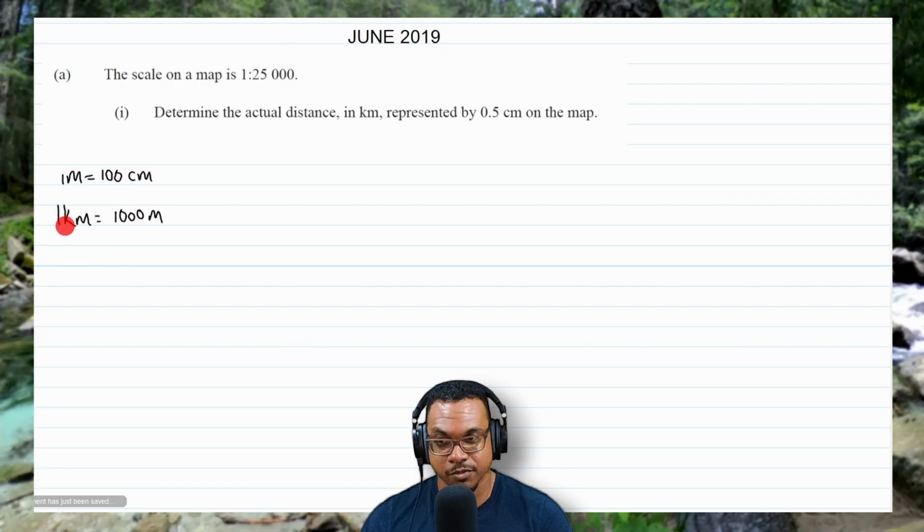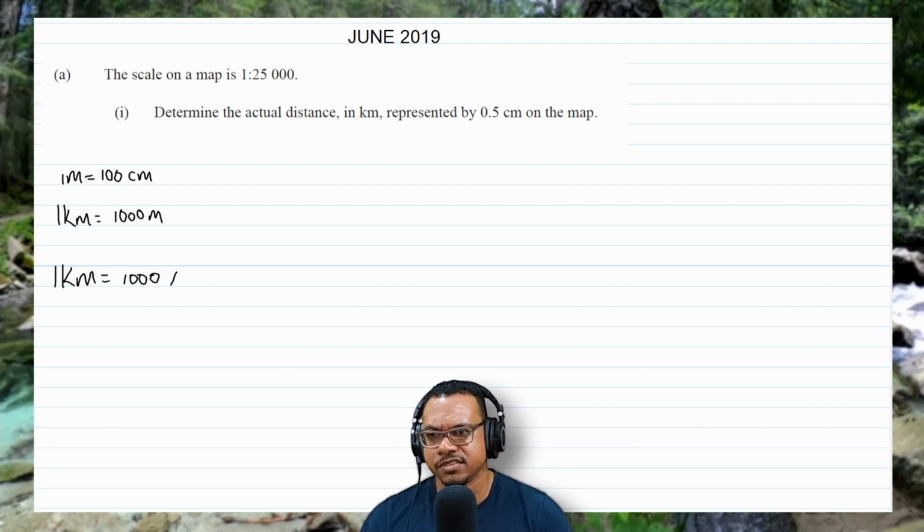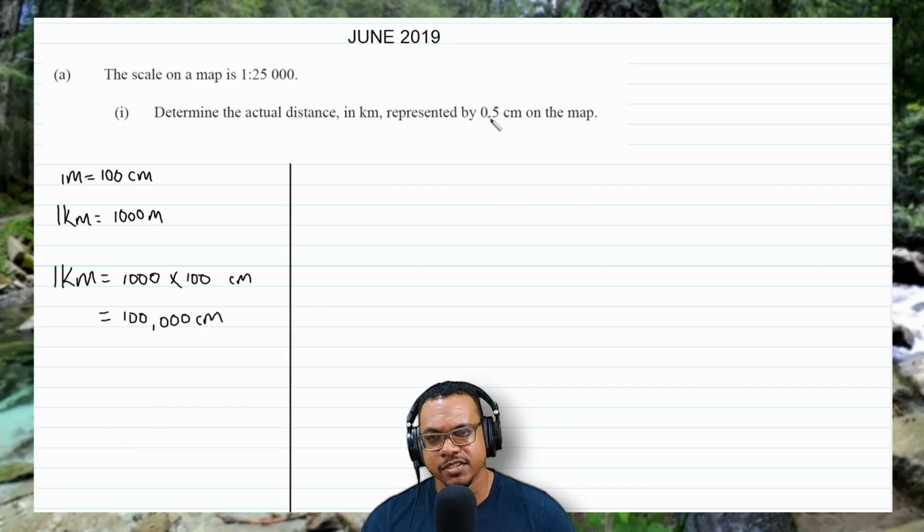So 1 kilometer is going to be equal to 1,000 times 100 centimeters, which is just 100,000 cm.